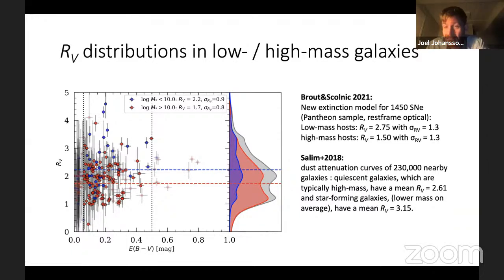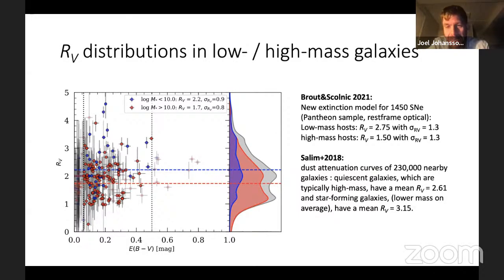So this has been noted, or simulated by people like Brout and Scolnic in their 2021 paper, but I guess people on the call are more, I heard a rumor that you are galaxy people.